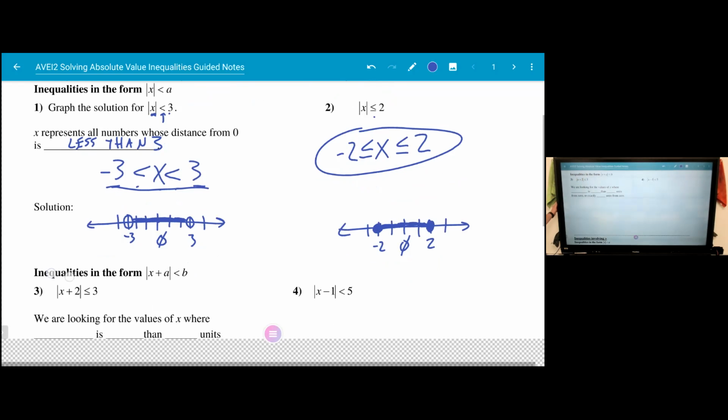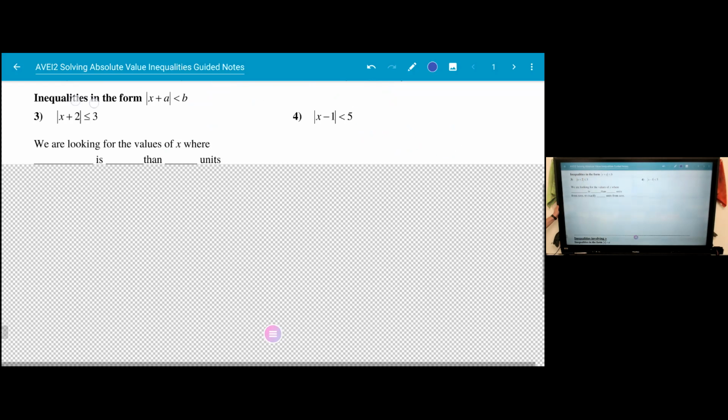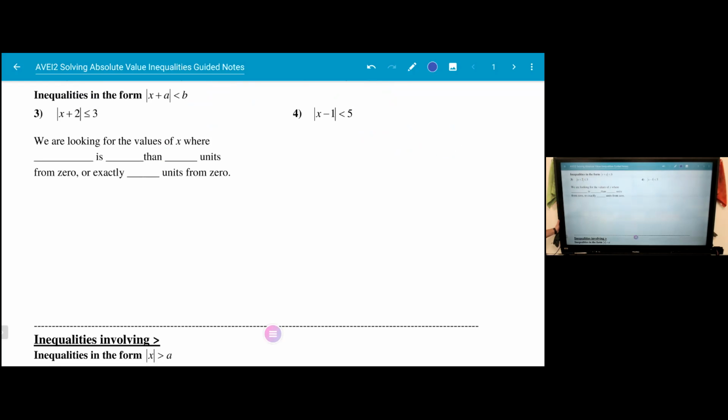It says inequalities in the form of the absolute value of x plus a is less than b. The absolute value of x plus 2 is less than or equal to 3. So what we're looking for is the values of x where x plus 2, the stuff inside the absolute value, is less than 3 units away from 0, or exactly 3 units away, or equal to.